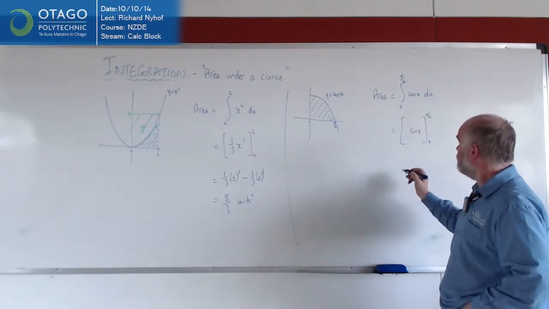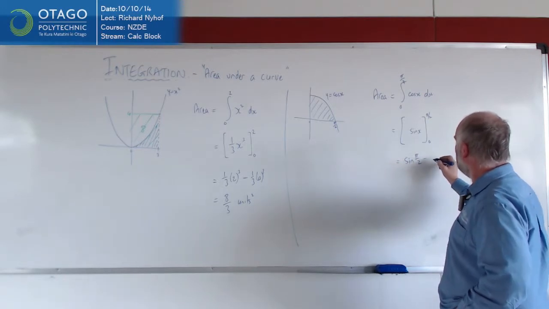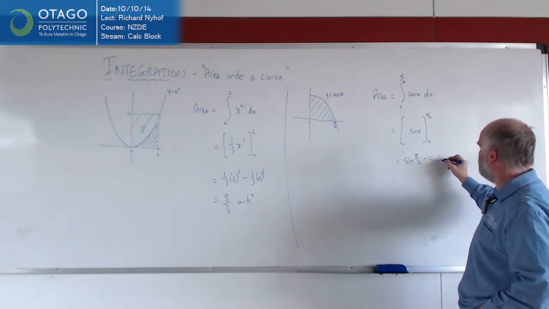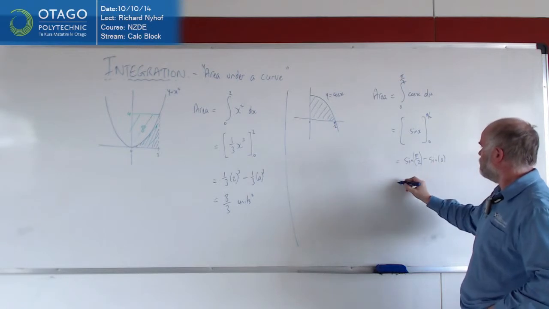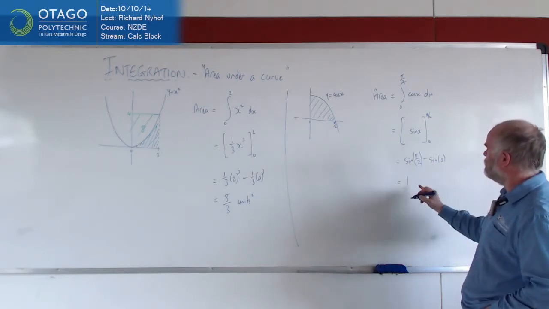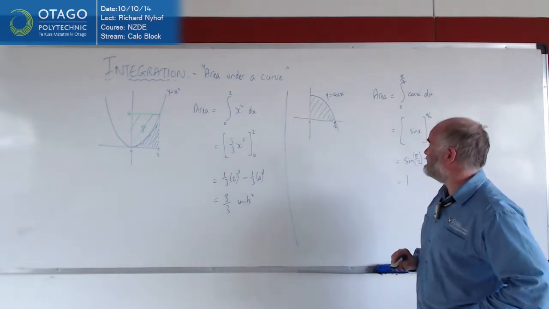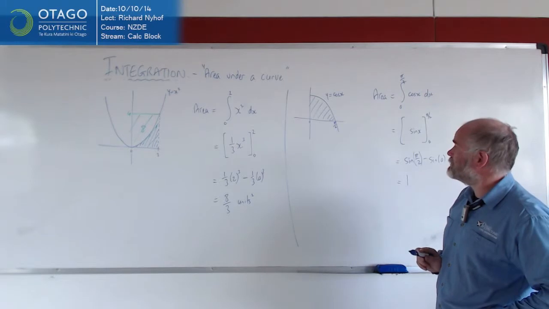So we put in the pi over 2 minus putting in the 0. Sine of pi over 2 is 1. Sine of 0 is 0. So the whole thing equals 1. So that area under there is exactly equal to 1 for a cosine curve.